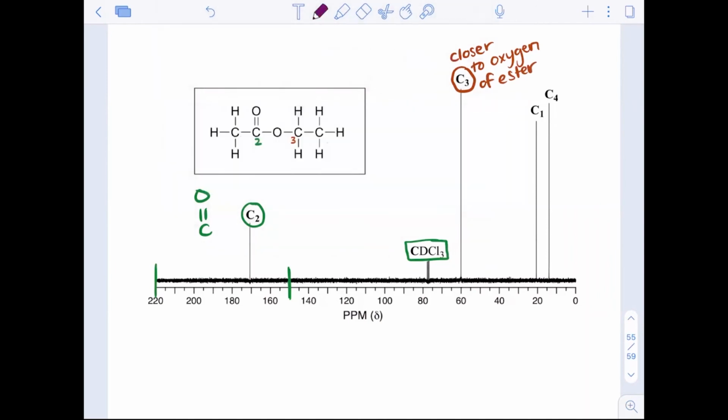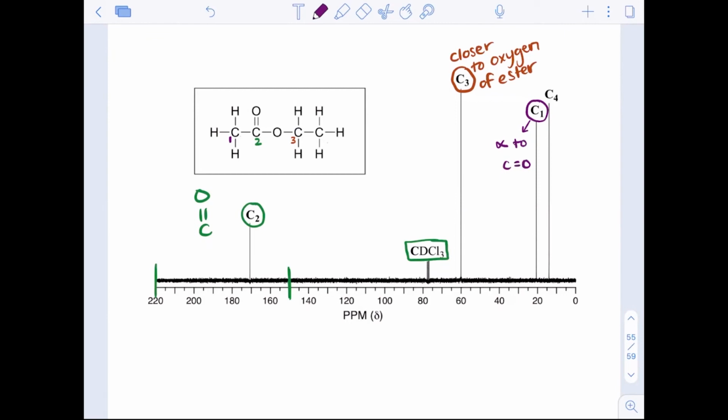All right, let's look at C1 here, the next carbon in our chain. Which one of our leftover outer terminal carbons is C1? Most likely it's going to be this one because it's alpha to the carbonyl, right?